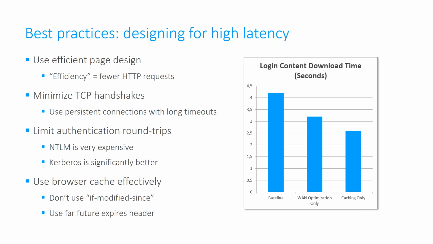They turned that on and gained about a second of performance improvement, but that was a very expensive solution. And then in the third one, we simply changed the caching approach from the conditional to the expires tag and had more significant performance improvement without spending any money.